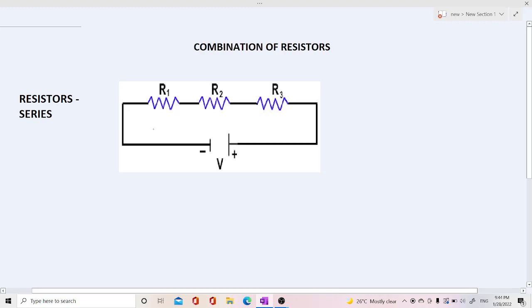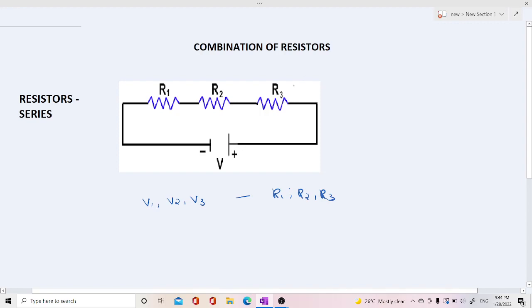Here we can take it as V1, V2, V3 across the resistance R1, R2, R3, and the current will flow from left to right because the electrons flow from negative to positive and the direction of the current is opposite to the flow of electrons.